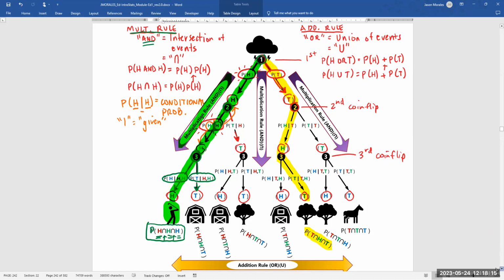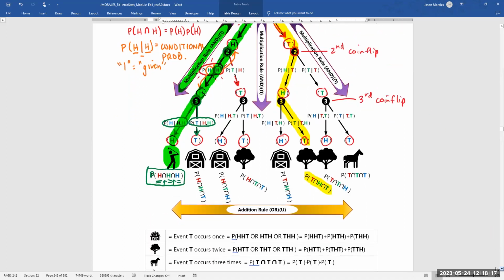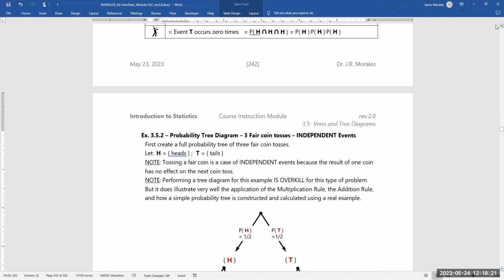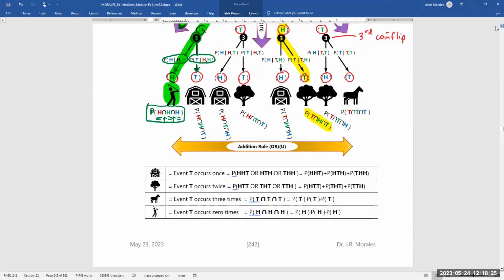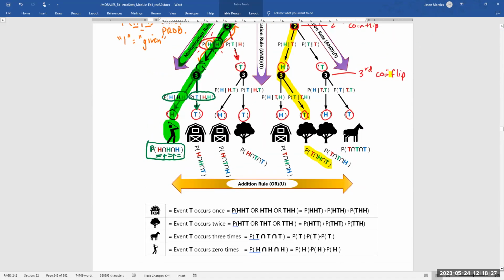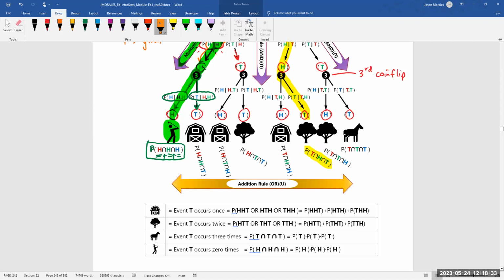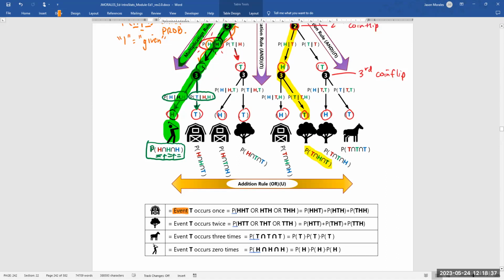Now, where the addition rule takes place is, let's say we were interested not in one specific outcome, but let's say we were interested in only getting one tail, and we don't care how we get one tail.